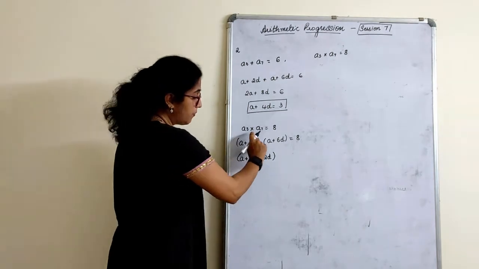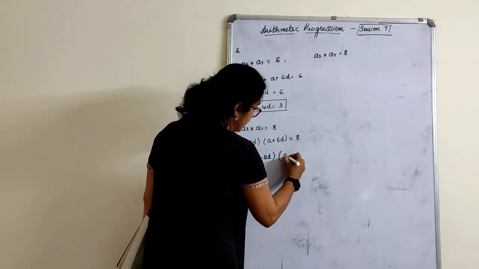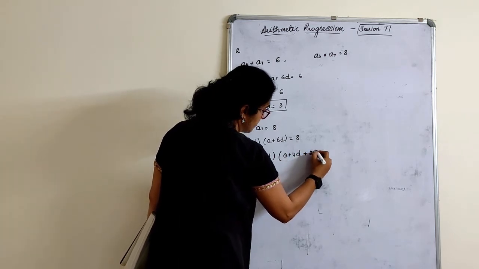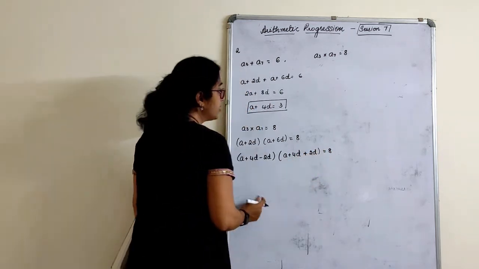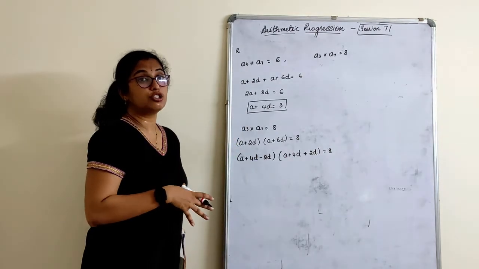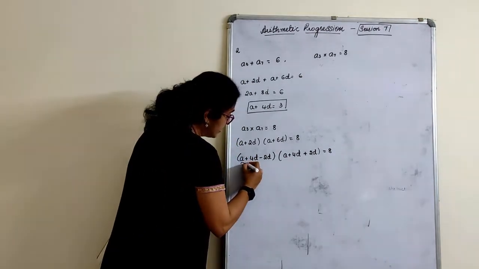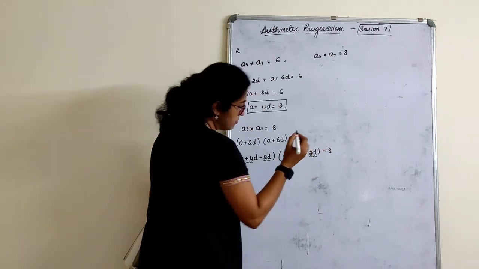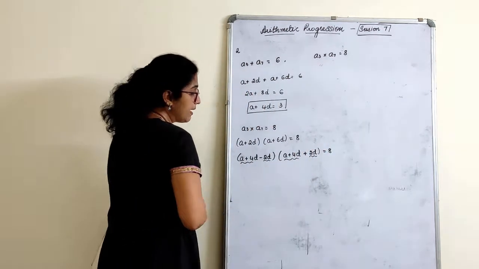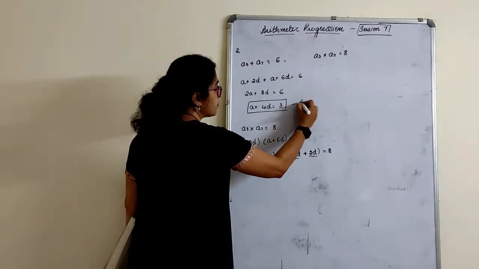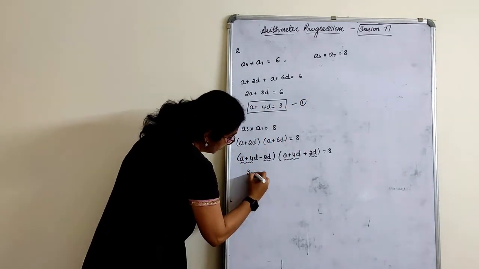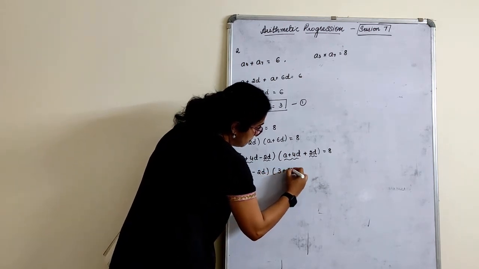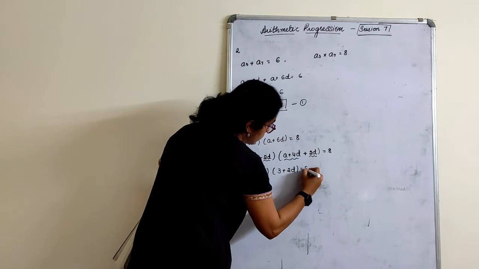Also, I will write this as A plus 4D plus 2D. Why 4D only? Because I have the pre-existing condition as A plus 4D. Which identity is this? A minus B, A plus B. Right? What is A plus 4D, children? It is 3. 3 minus 2D, 3 plus 2D is equal to 8.